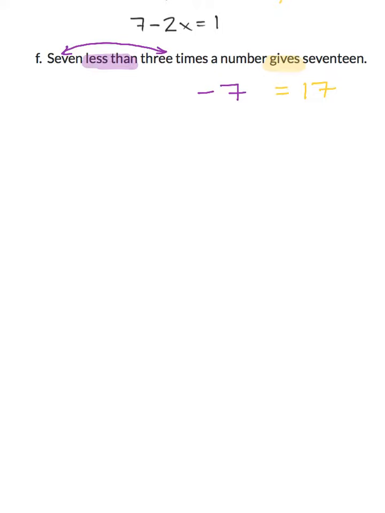Remember that you still have to follow order of operations. I don't want to subtract 7 from 3. I want to subtract it from 3 times a number. The 3, I need to multiply it by the variable before I apply the 7. So we get 3x minus 7 equals 17. So if we go ahead and write that out now in our final form, 3x minus 7 equals 17.